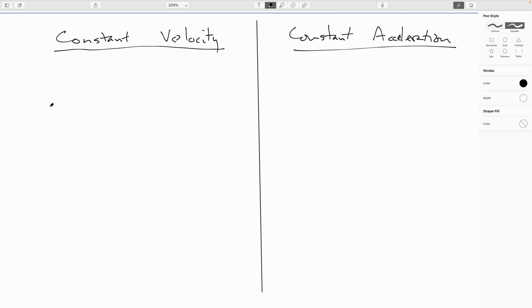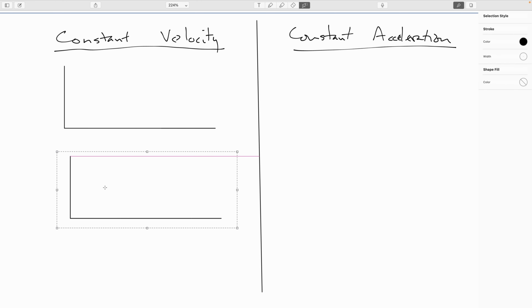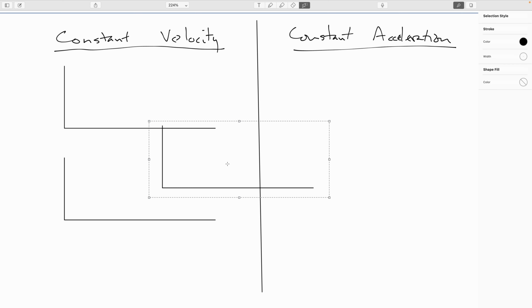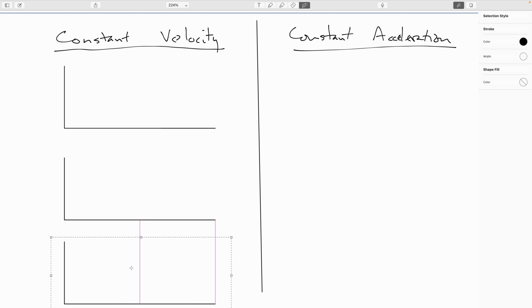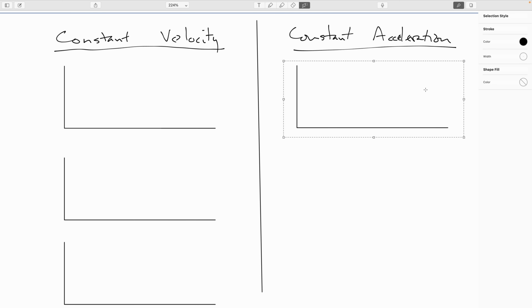All right. So let's go and, there, I'm going to need 6 of these. Copy, paste, paste. There we go. Paste. That looks pretty good right there.